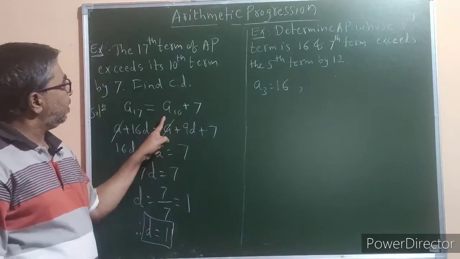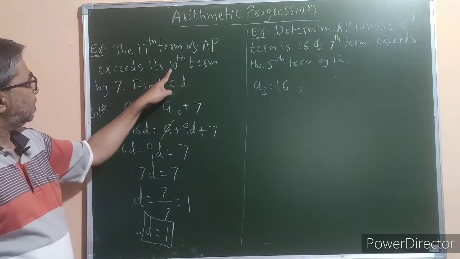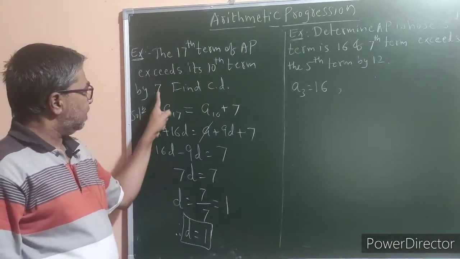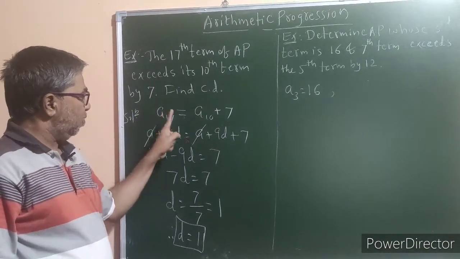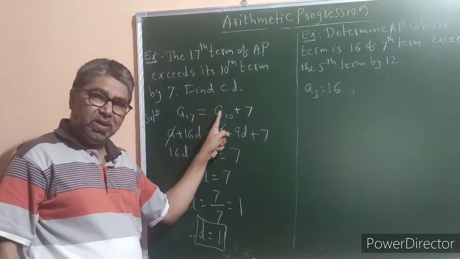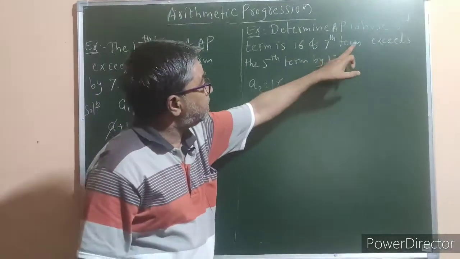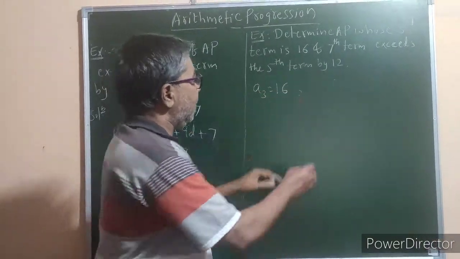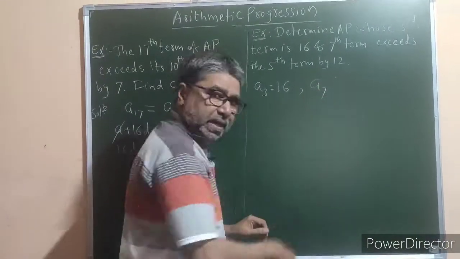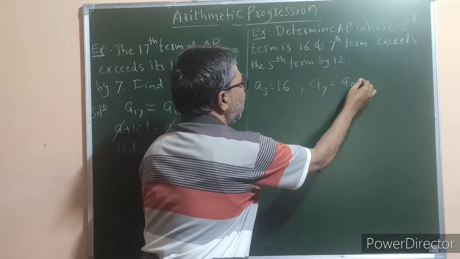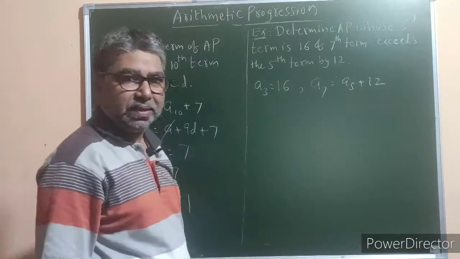So in the previous example, the 17th term exceeds the 10th term by 7, and for this we wrote A17 is equal to A10 plus 7. In the same way, the 7th term exceeds the 5th term by 12 means A7 is equal to A5 plus 12. This is the equation.